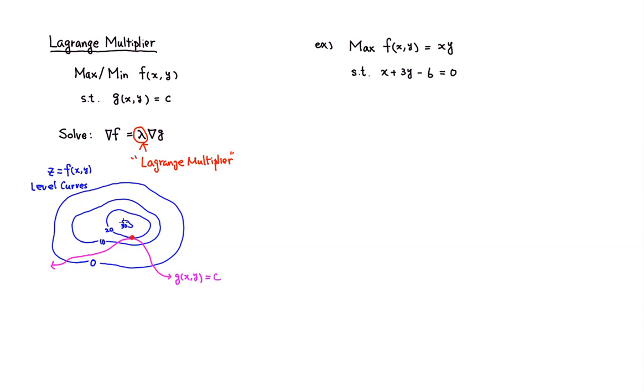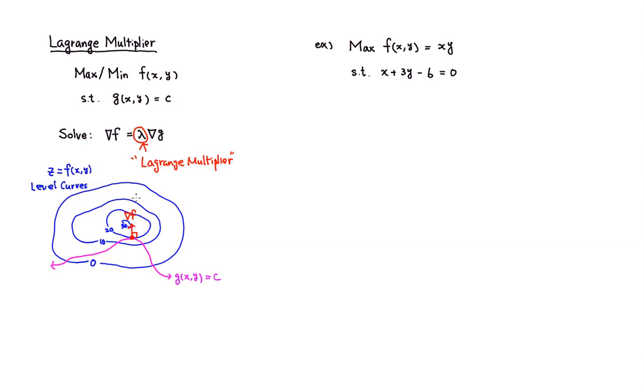So what is special about that location? Remember that the gradient of f is perpendicular to the level curve, so we know exactly which way it's pointing. This is the direction of the gradient of f.